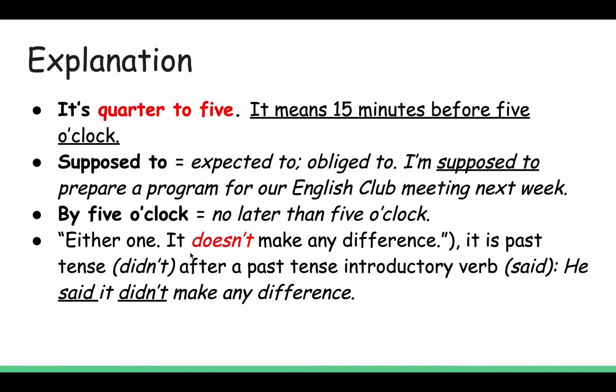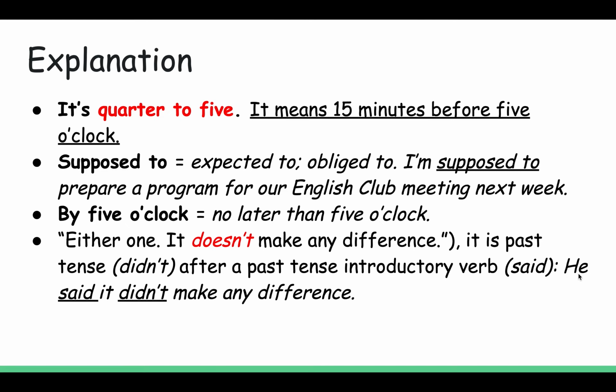Next, either one, it doesn't make any difference. Now, when you're using the past tense, it didn't. After a past tense introductory verb like said, you are going to use both past tenses.